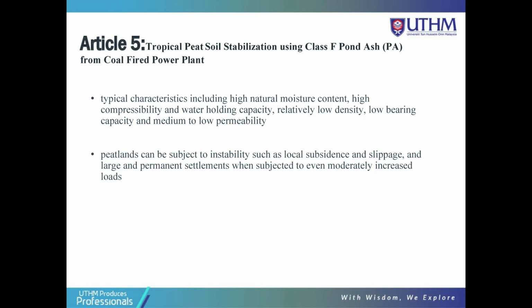As a result, peat land can be subject to instability such as local subsidence and slippage, and large permanent settlement even under moderately increased load. In addition, peat land in Malaysia is currently quite underused, although its construction is becoming increasingly necessary for economic reasons.